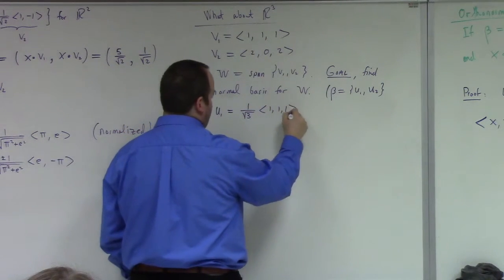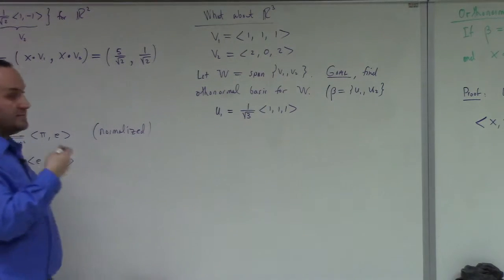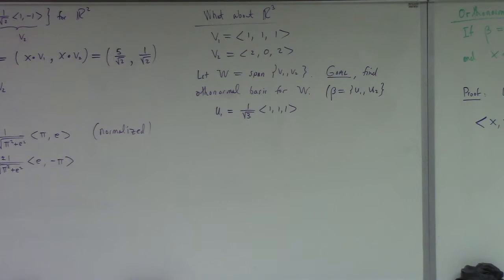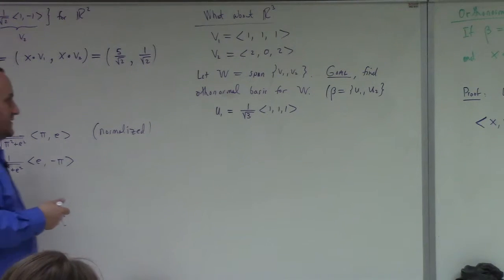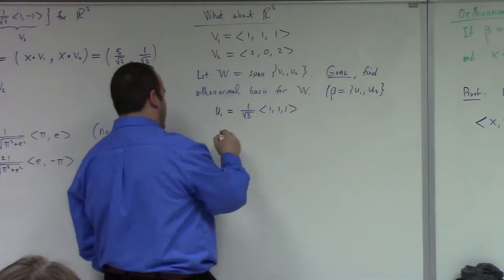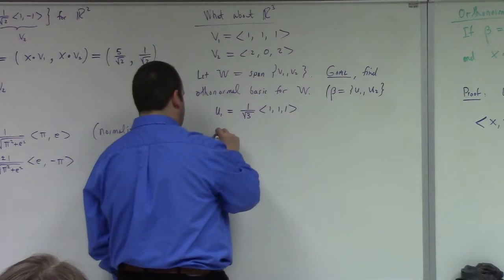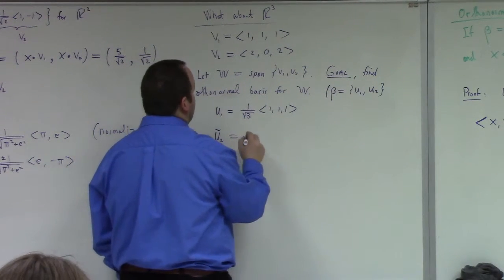I normalized the first vector. There's 1 down. I just have 1 more to go. I can't use my trick from 2 dimensions. That's no longer legit. I can't just put a minus and flip. That isn't going to do it. So what I'm going to do is say u2 tilde. All right, what's it going to be? It's going to be v2.